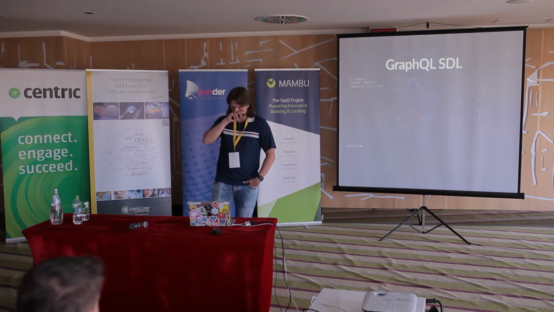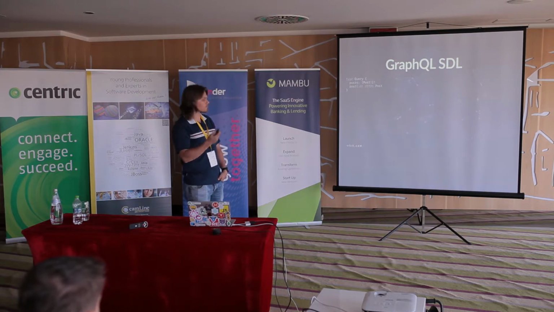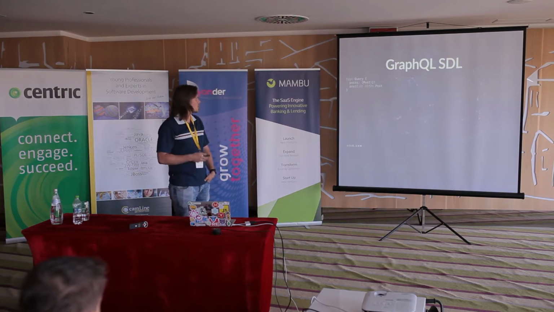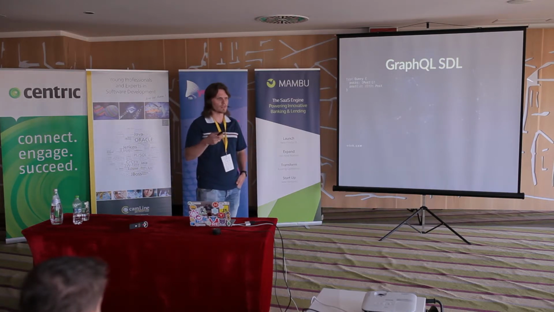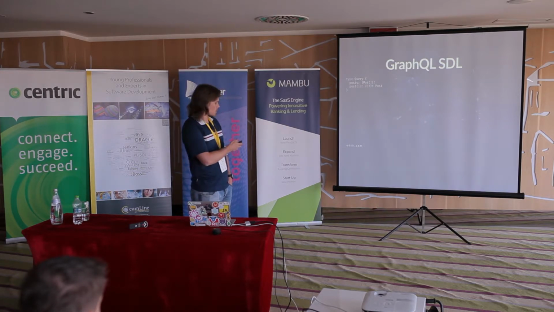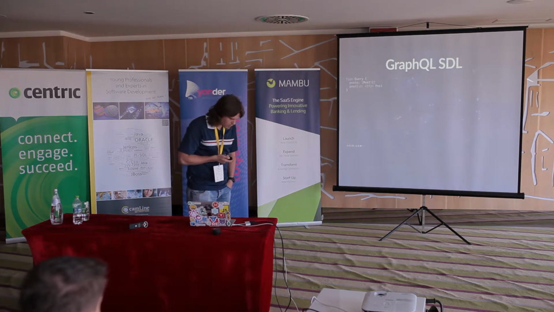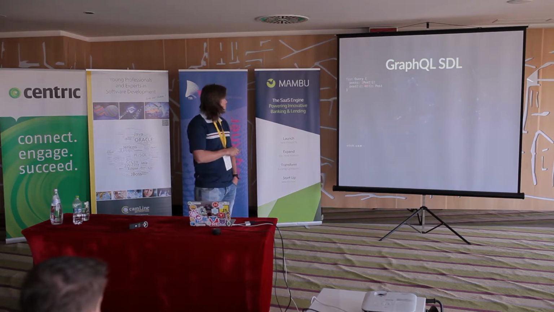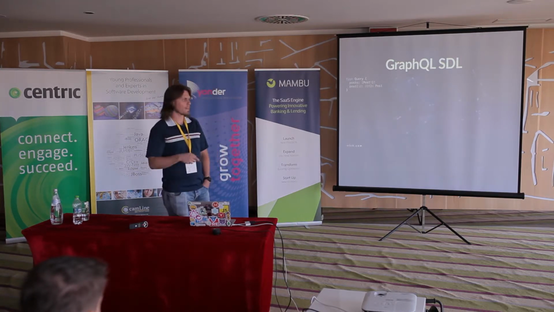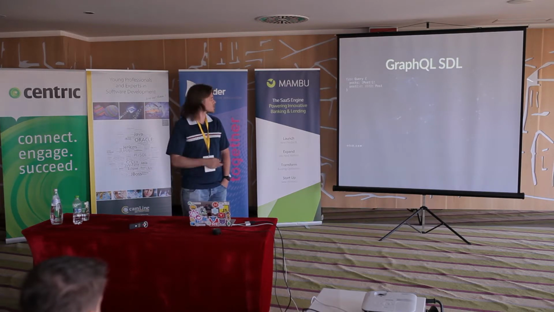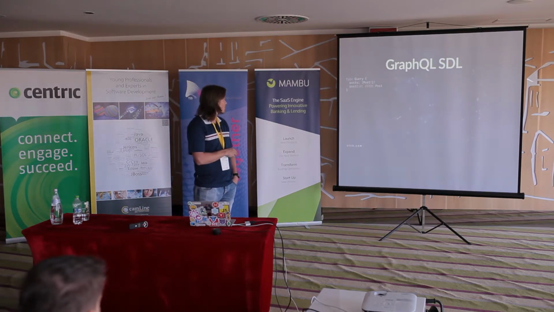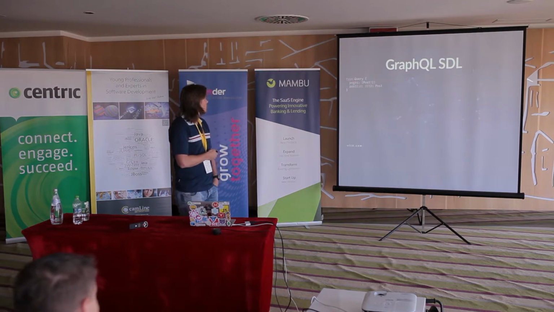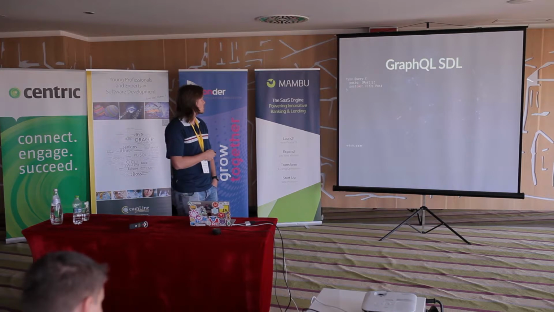Okay, so GraphQL introduced its own SDL, the schema definition language. On the server side, in order to define my queries, I define a type Query, and I define posts, an array of type Post.